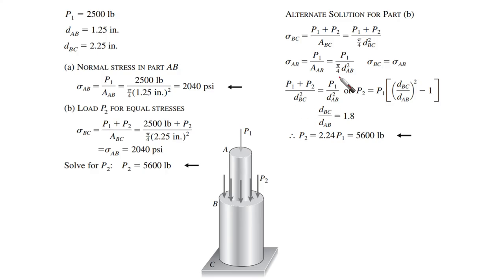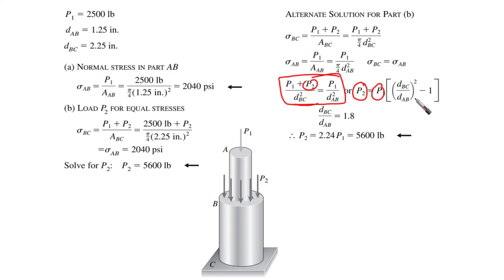This means that in this equation we have a relation between P2 and P1 in terms of the diameters of the upper and lower parts. After rearrangement, P2 equals P1 times the brackets, d BC over d AB, squared, minus 1.